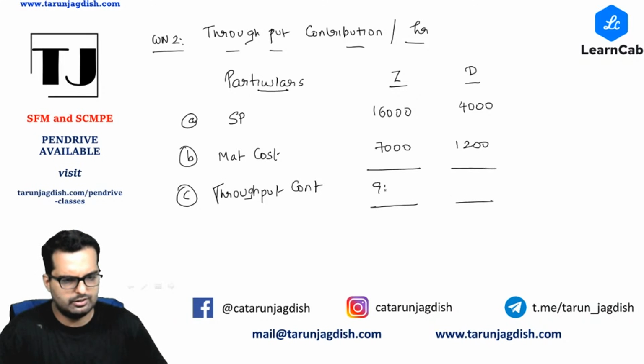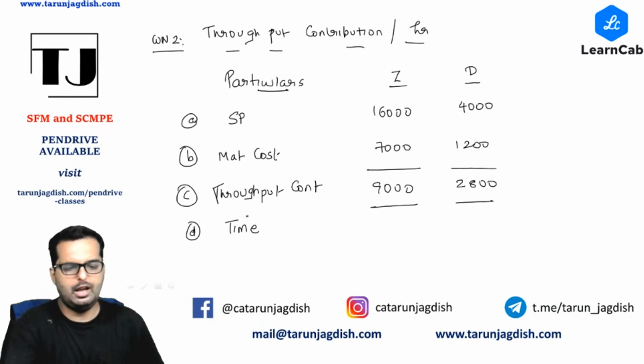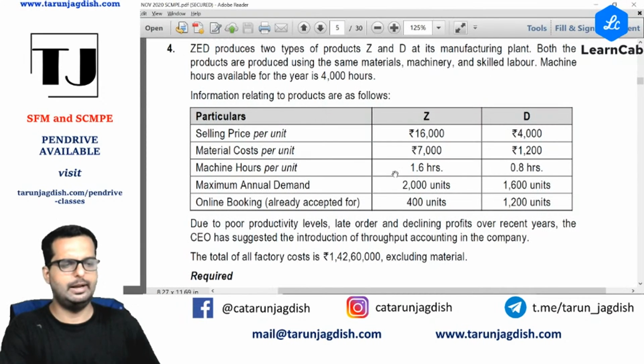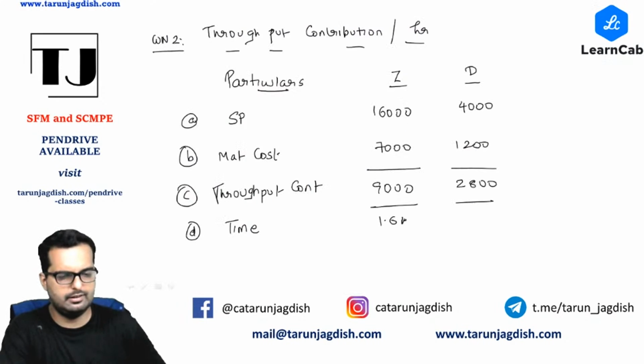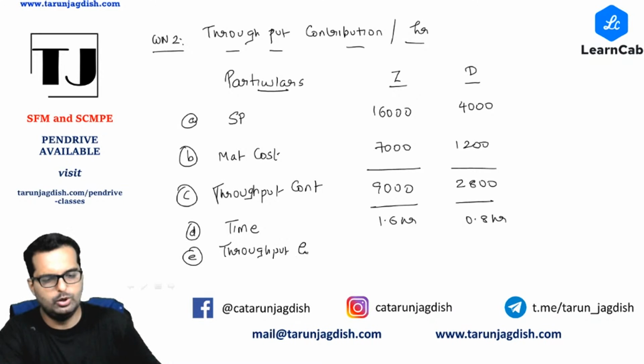So here we would get the answer as 9,000, and here we would get 2,800. After which we will be having the time available. What is the time told over here? 1.6 hours. And the other is 0.8 hours. So once I get this, can I find out my throughput contribution per hour?